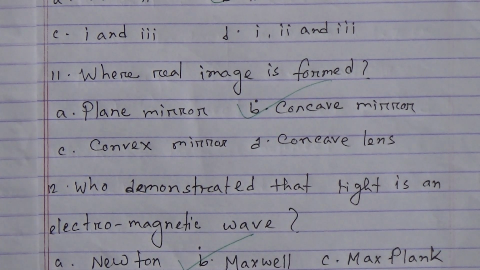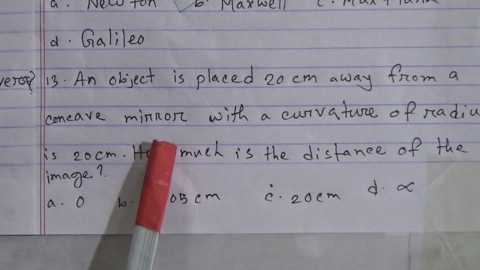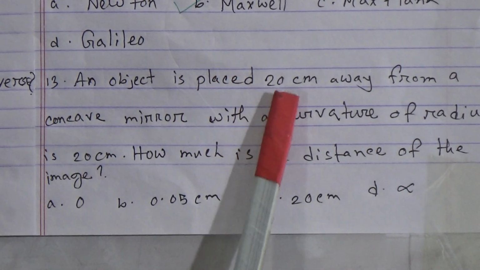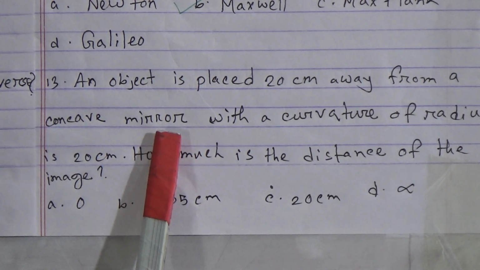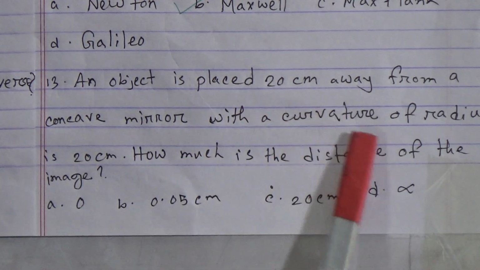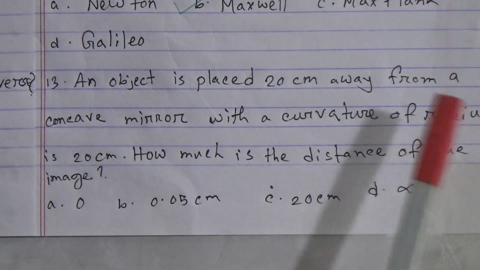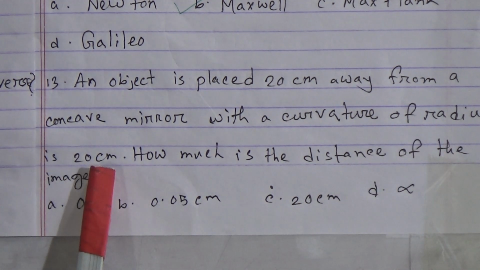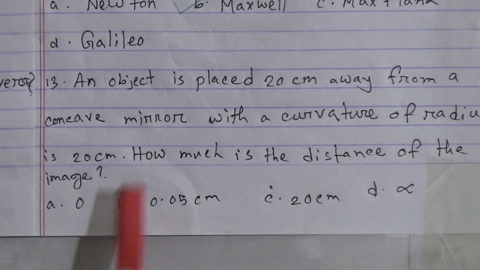Number 13, the object is placed 20 cm away from a concave mirror, with a radius of curvature of 20 cm. That means the distance of the object is 20 cm, and R, the radius of the sphere, is 20 centimeter. How much is the distance of the image?